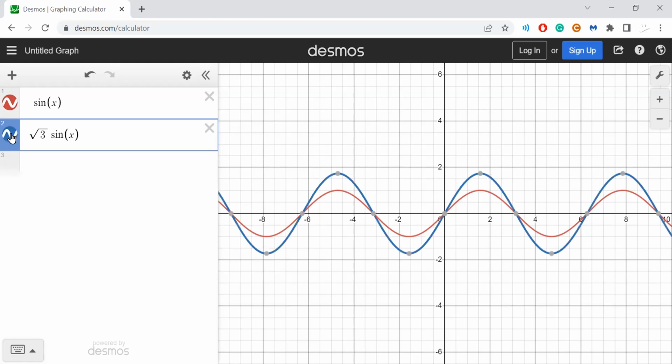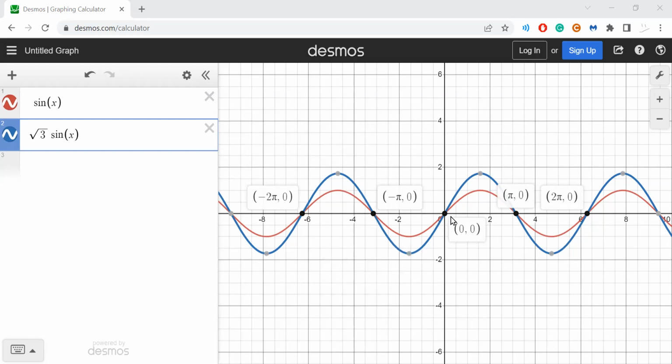What's the difference? You stretch it. Can you see? The points that are intersecting the x-axis, they don't move, right? But the rest of the points that are above the red go further away from the x-axis. And for those that are below the x-axis, you multiply by square root 3, it becomes even more negative.